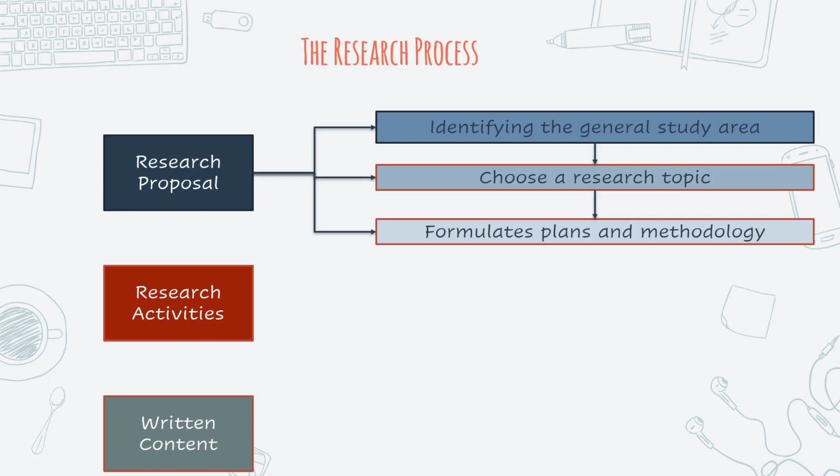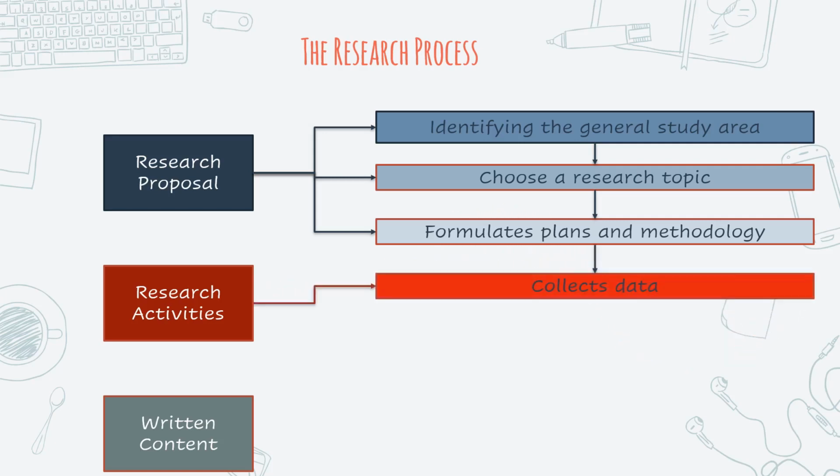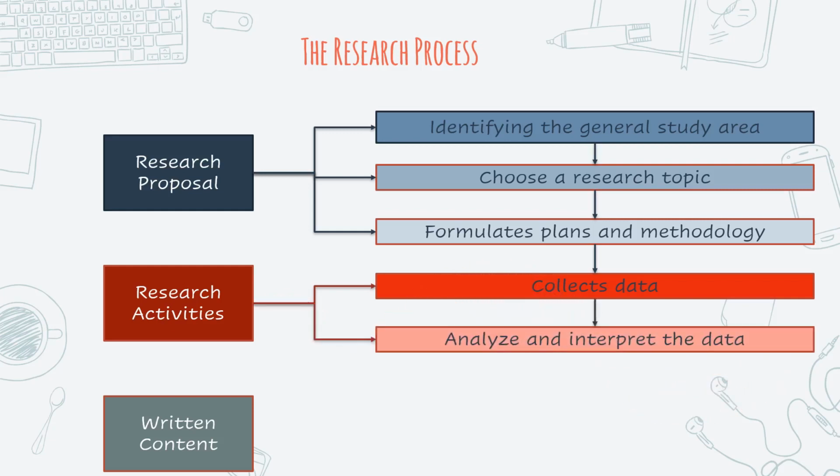Okay, after phase 1, we now have the second phase, which is the research activities. Under the research activities, we have the data collection, or collect the data, and we also have analyze and interpret the data.